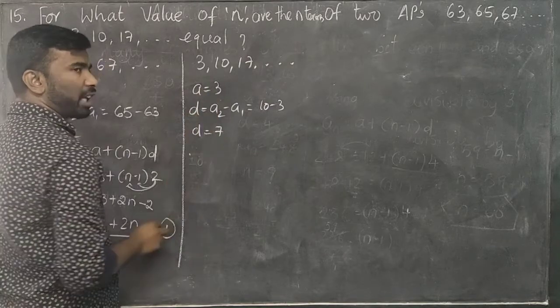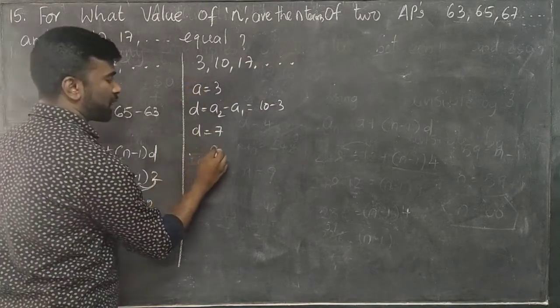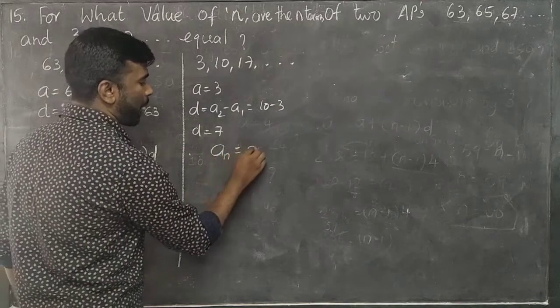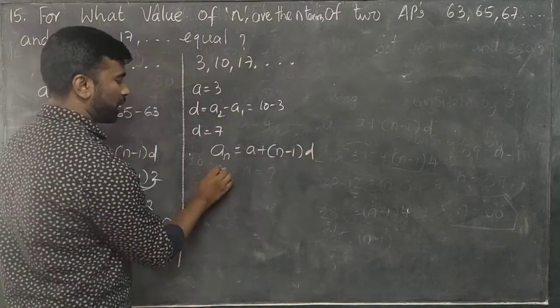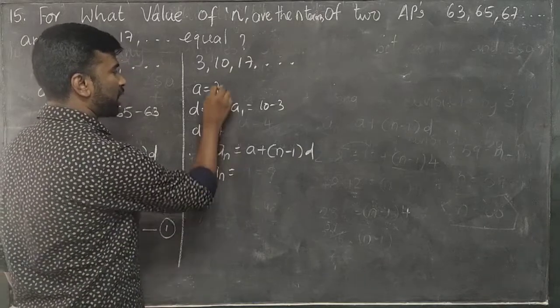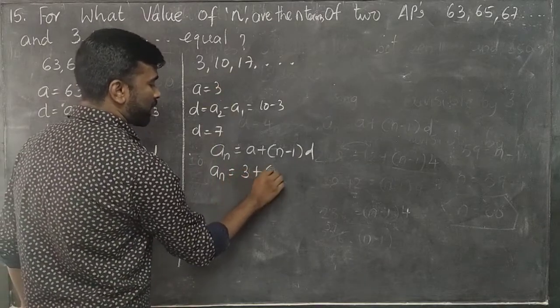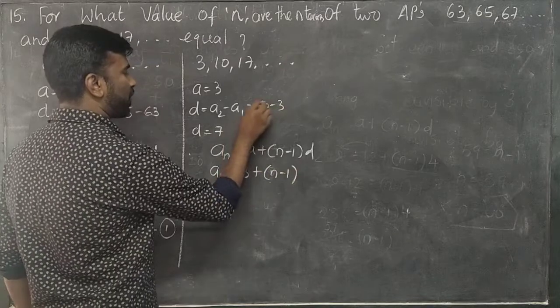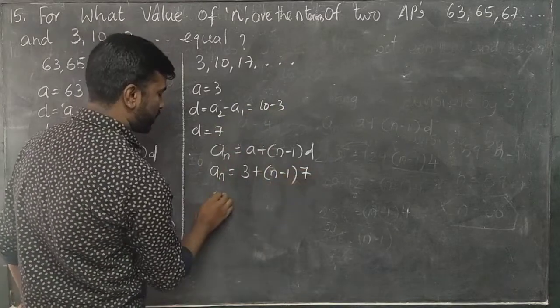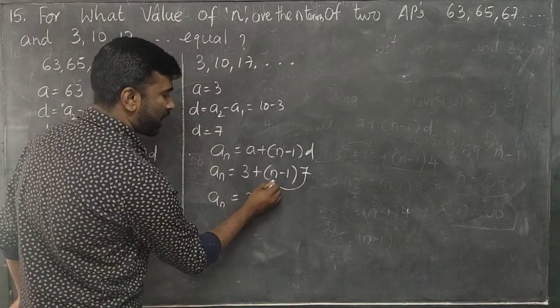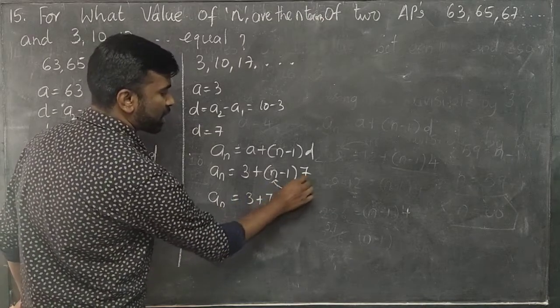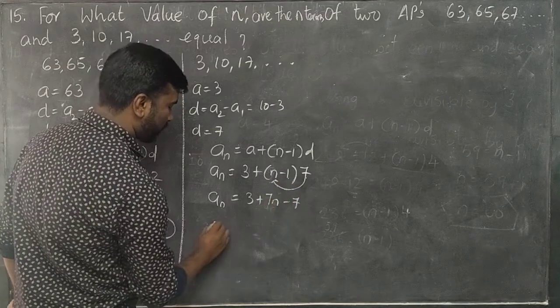Again we should find out the nth term of this second AP, using an equals a plus n minus 1 into d. An equals, what is the value of a? 3 plus n minus 1 as it is, what is the value of d? Which is 7. So an equals 3 plus, now multiplying 7 into n is 7n, 7 ones are 7.